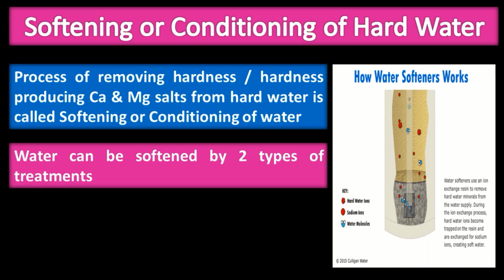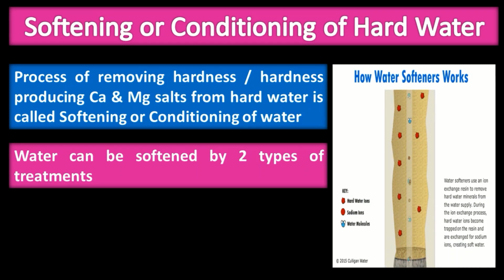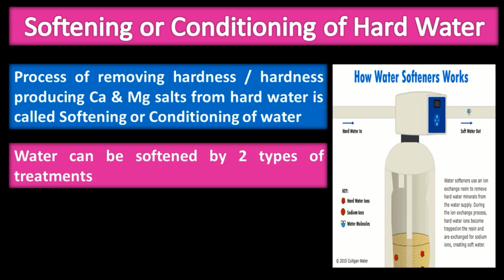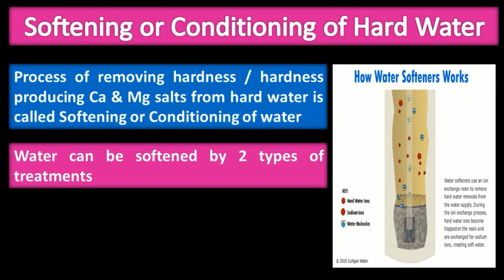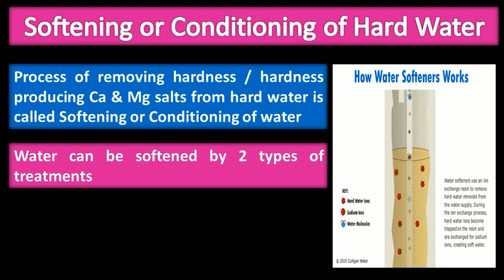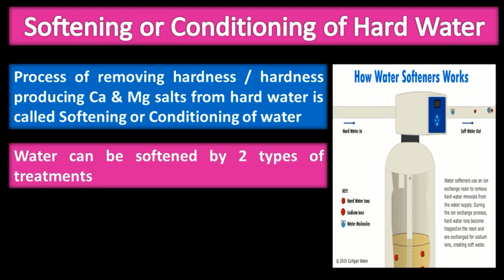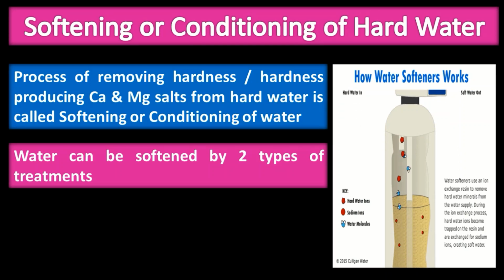The process of removing hardness producing dissolved calcium and magnesium salts from hard water is called softening or conditioning of water. We all know that hard water is water containing dissolved calcium and magnesium salts, whereas soft water is water which is free from dissolved calcium and magnesium salts. So hence, this process of converting hard water to soft water is called softening or conditioning.